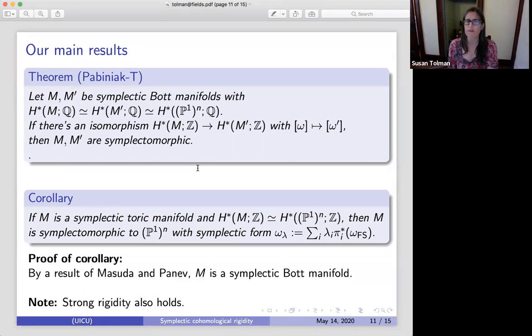There's a stronger version of this statement that says that given a specific isomorphism of cohomology rings that takes omega to omega prime, there's a symplectomorphism between them that induces that isomorphism in cohomology. Everything we're saying, we also prove the strong version of. But just for simplicity, I'm sticking with the basic statement, though for experts who might care, we have that too.